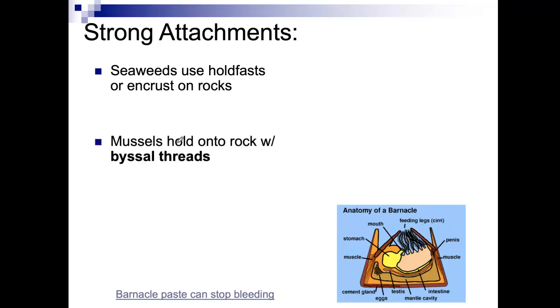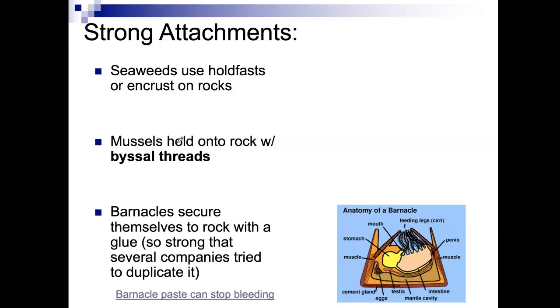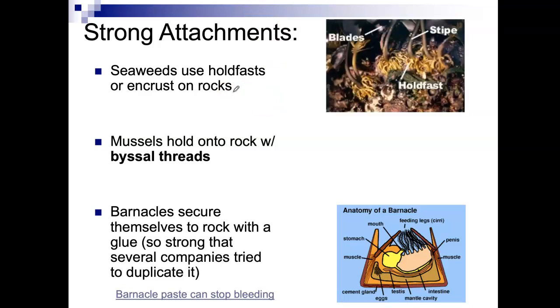So strong attachments, again, barnacles and seaweeds are great examples of this. Mussels are great examples of this. Seaweeds are going to use these holdfasts to encrust themselves onto rocks. Here's the holdfasts that I was talking about. A lot of people don't know that seaweeds are actually algae.